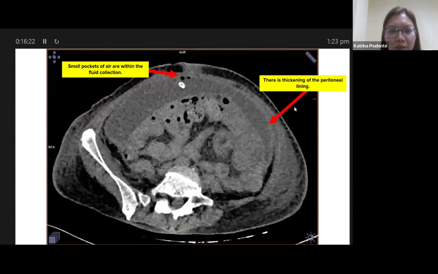Pointed by the red arrow is the thickened peritoneal lining, and also seen here are some air pockets within the fluid collection, and these findings are consistent with an EPS diagnosis by CT scan.